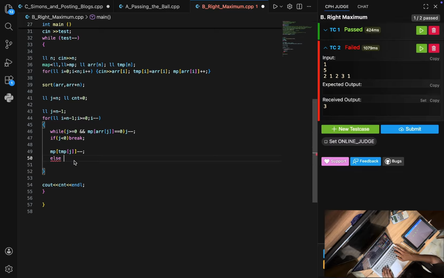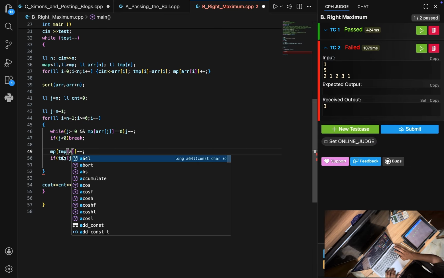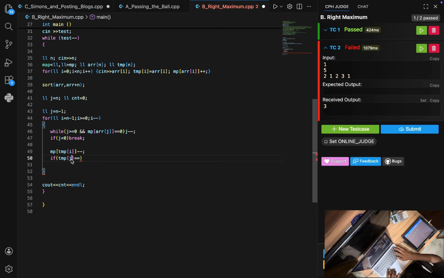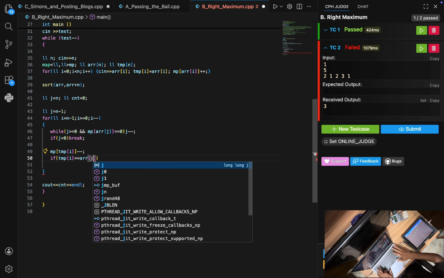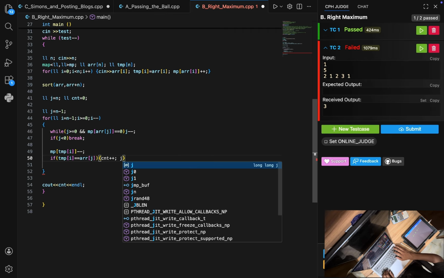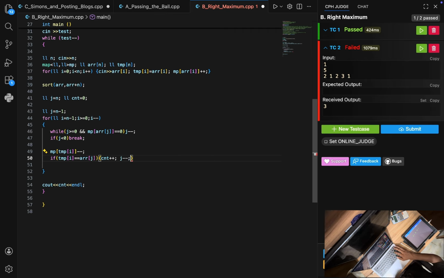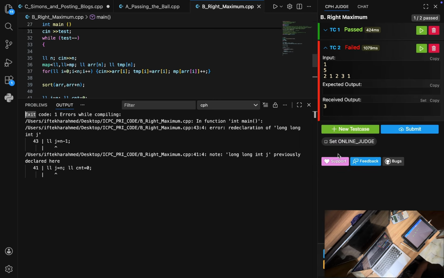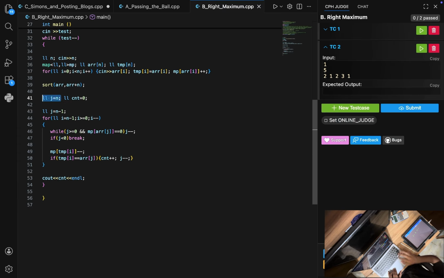Always minus minus, and if temp j equal to, oh, why am I doing j, it should be i. Temp i equal to arr of j, then count plus plus and j minus minus. Yeah, I wrote j twice.